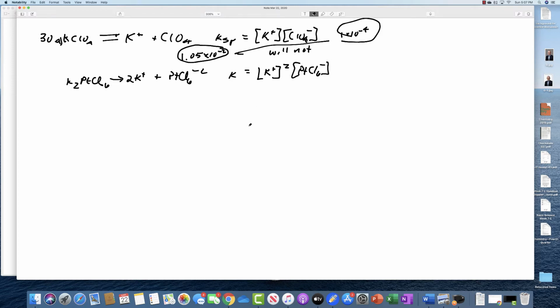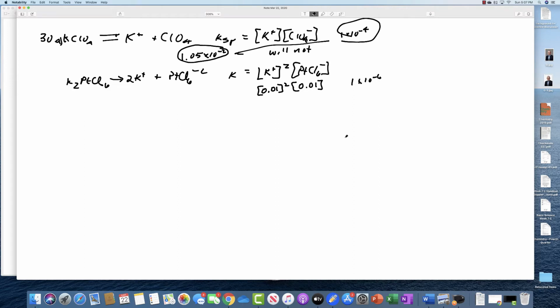The potassium concentration is 0.01 again, but this is squared now, and the platinum chloride is also 0.01. So basically it's 0.01 cubed, which is 1 times 10 to the minus 6.